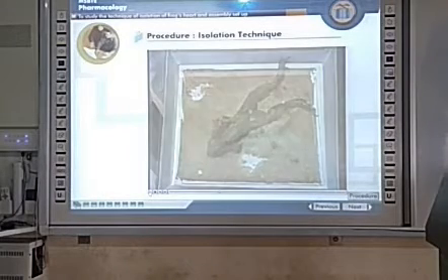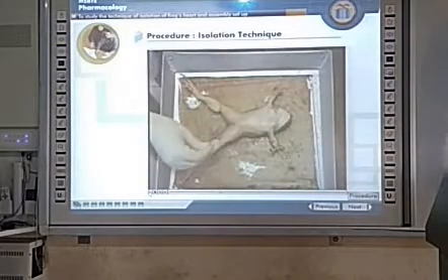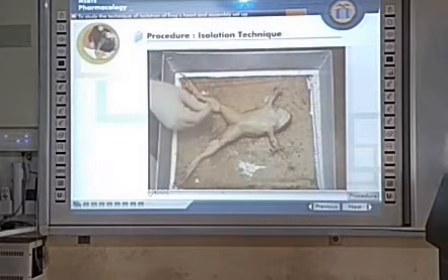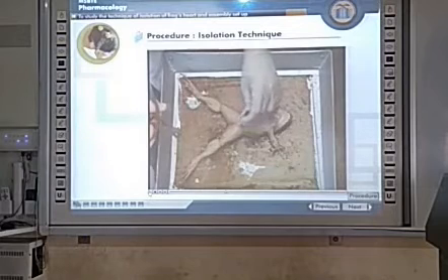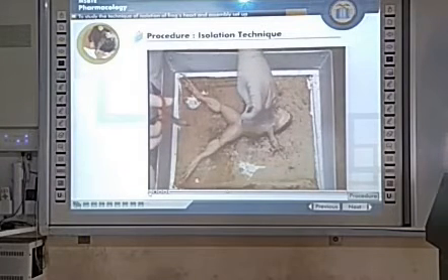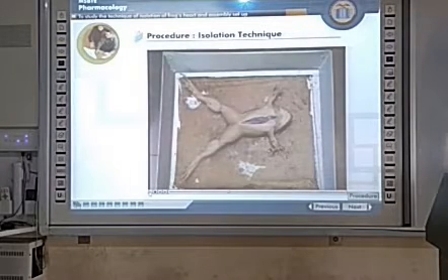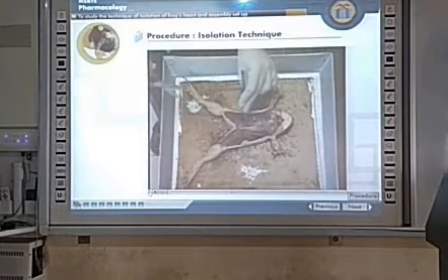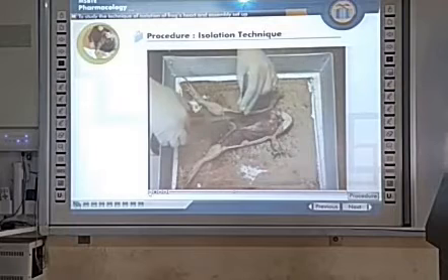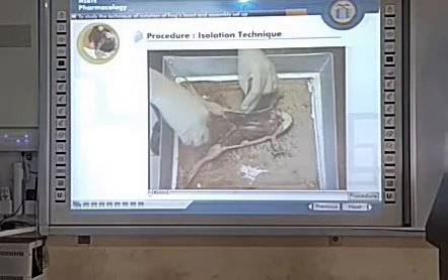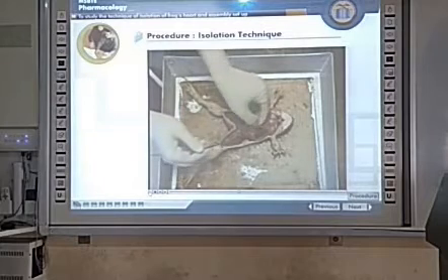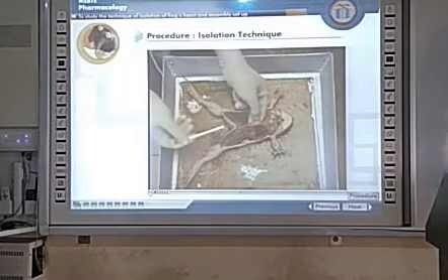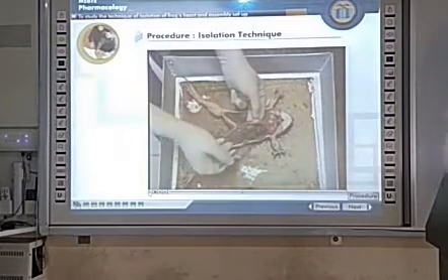Now, pin the limbs of the frog to the tray. Remove the abdominal skin with sharp scissors. Expose the abdominal muscle. Cut on each side of the abdominal muscle up to the pectoral girdle. With the help of a finger, separate the blood vessels to avoid loss of blood and expose the heart.